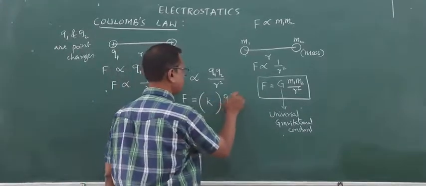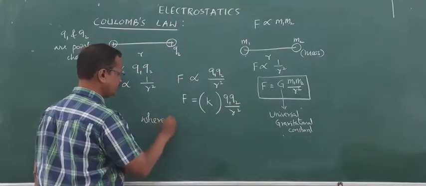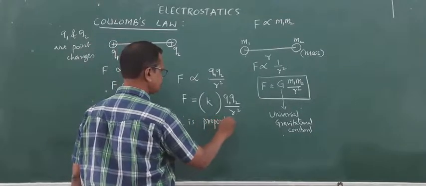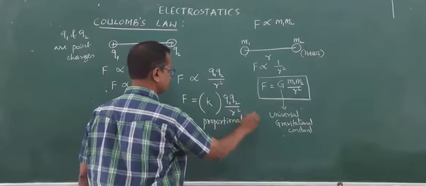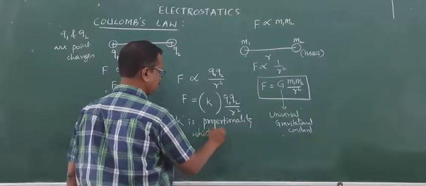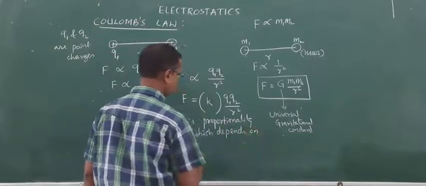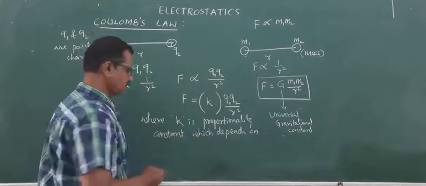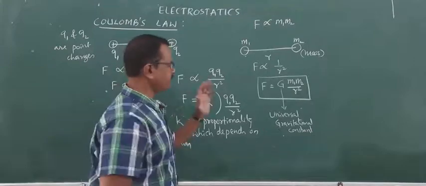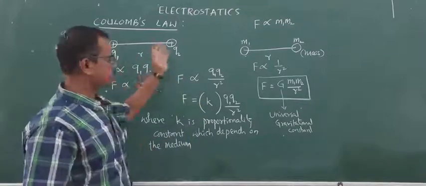So F equals K into Q1 Q2 by R square, where K is the proportionality constant, and the value of K depends on the medium between which these two charges are being kept, the medium of separation of these two charges.